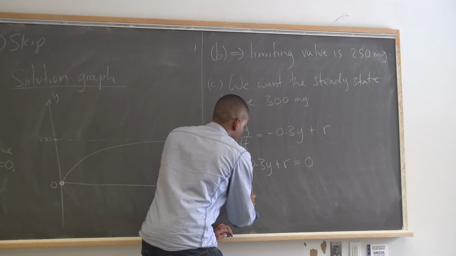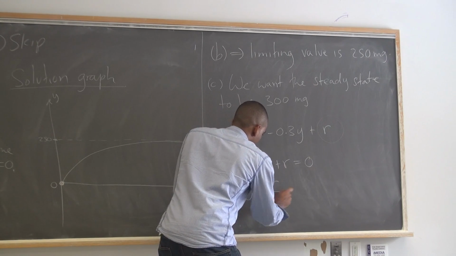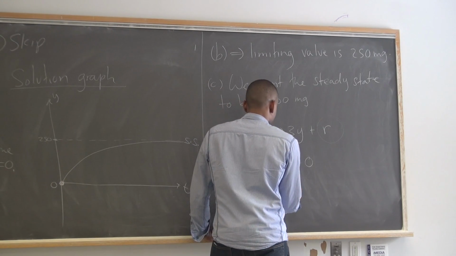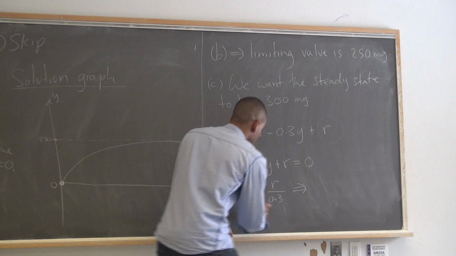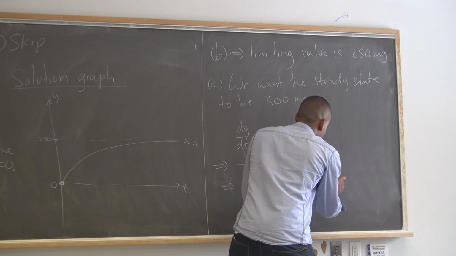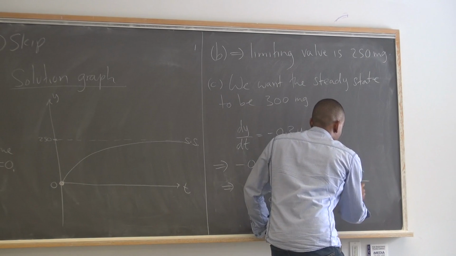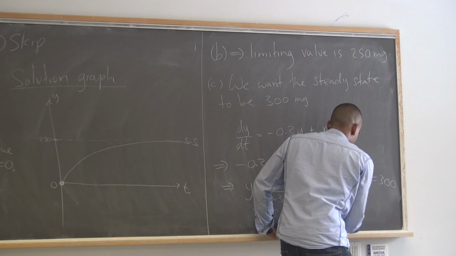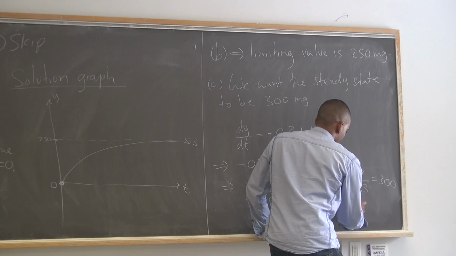This implies your y is equal to r over 0.3. This would be, by the way, your steady state. Right. So we want r over 0.3 to equal 300, which is 90.